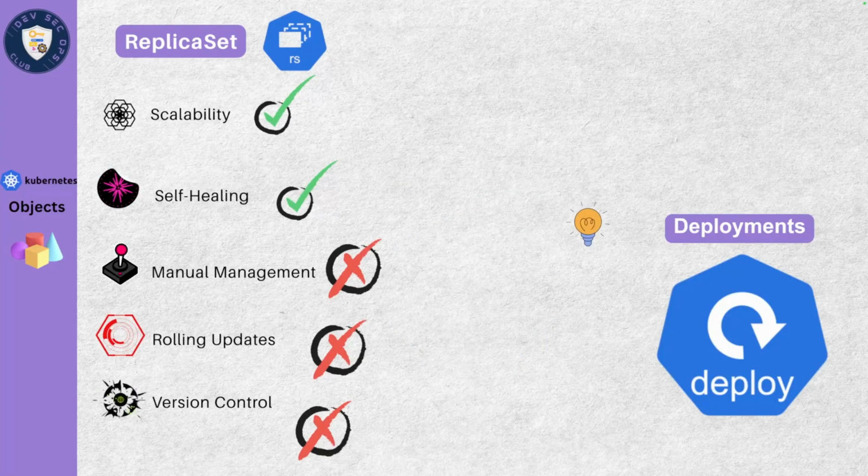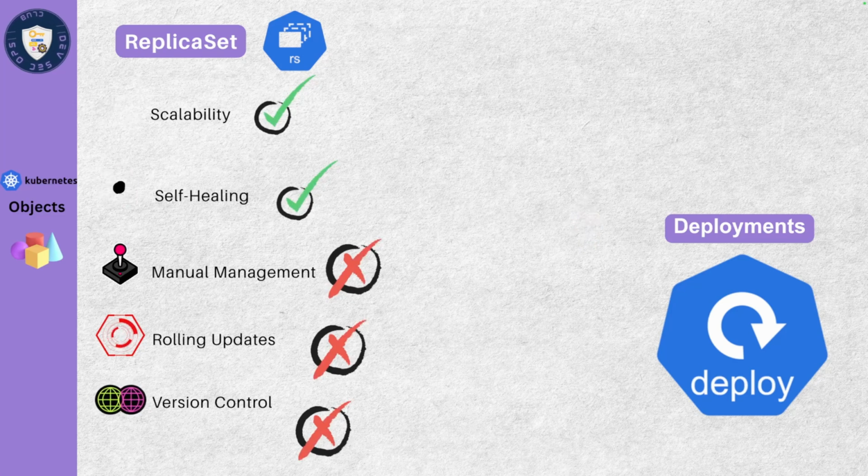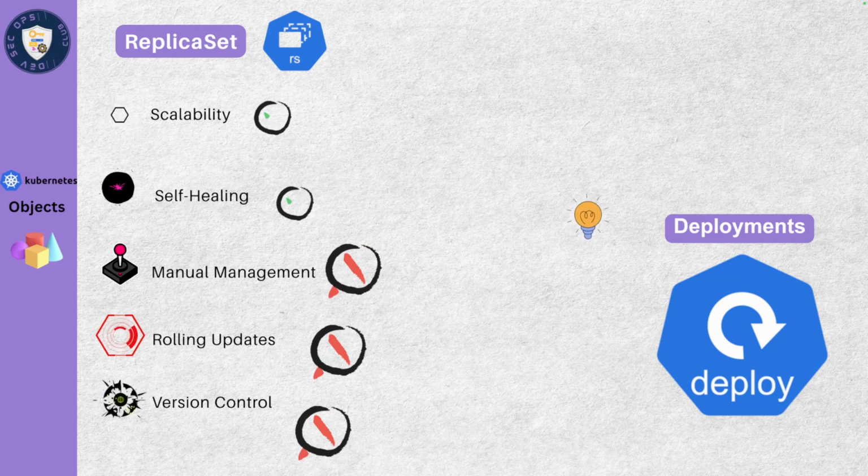very important things, or I would say very powerful features of Kubernetes, because they provide you a facility to roll out a new version of the application without any downtime.